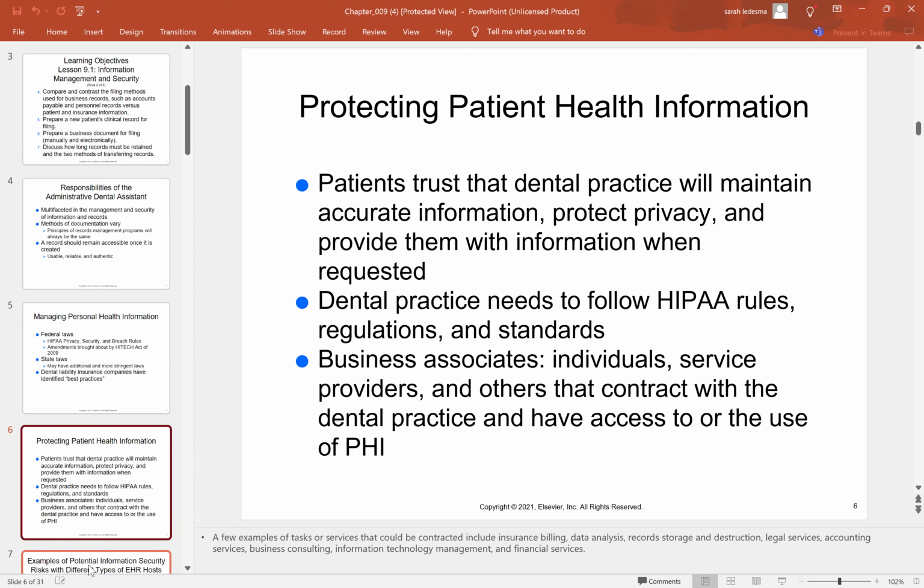Patients trust that the dental practice will maintain accurate information, protect privacy, and provide them with information when requested. Dental practice needs to follow HIPAA rules, regulations, and standards. Business associates, individuals, service providers, and others that contact the dental practice have access to or use PHI.